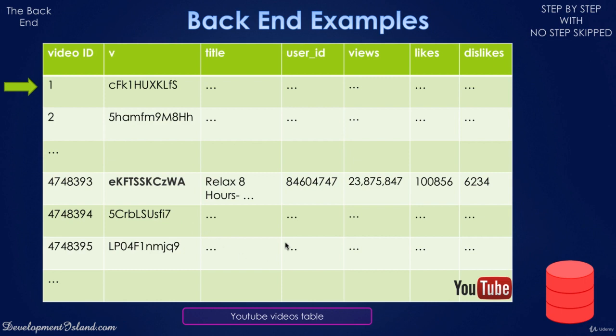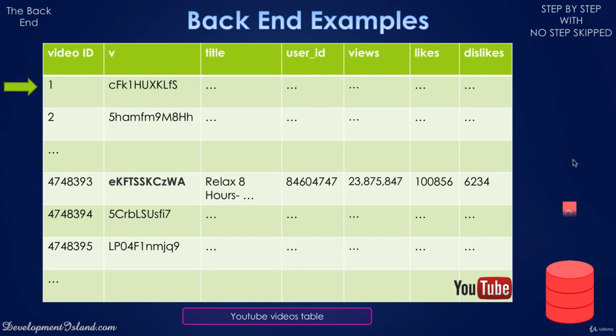So the videos table in YouTube, which is going to be inside a database, will contain details like these ones. So the v value we talked about earlier, the title of the video, the user ID, this corresponds to the user who uploaded the video, the number of views, likes, dislikes, and so on.